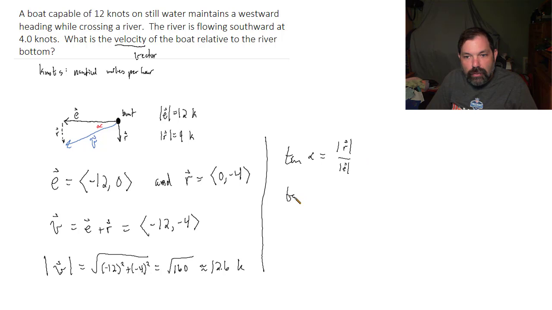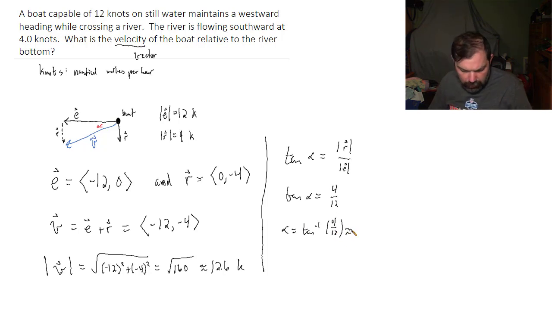So tangent of alpha is then 4 over 12. And so then alpha would be the inverse tangent of 4/12, and that approximates to 18.4 degrees.